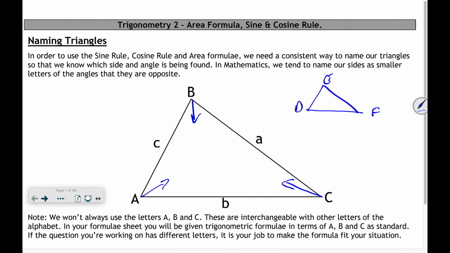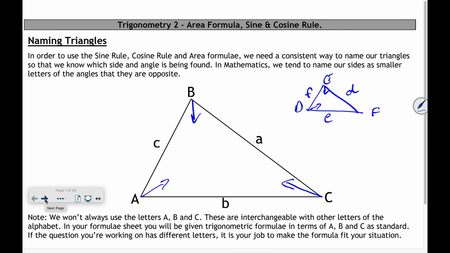So in this case, opposite angle D would be small letter d, opposite angle E would be small letter e, and opposite angle F would be small letter f. That's just a quick intro into how we're now going to name the triangles.